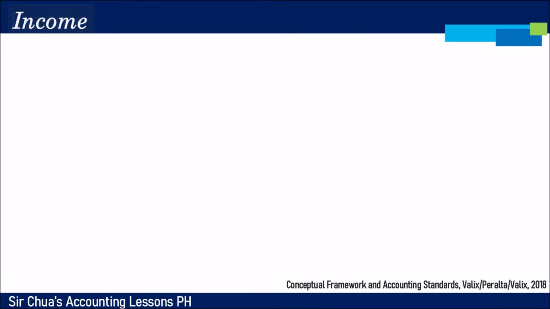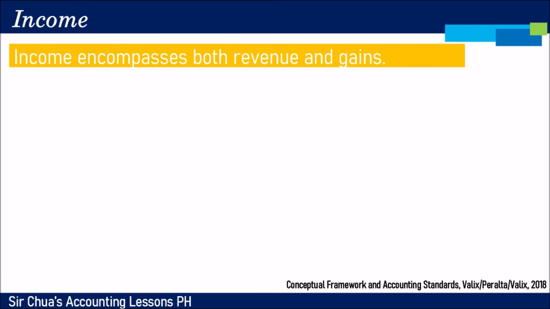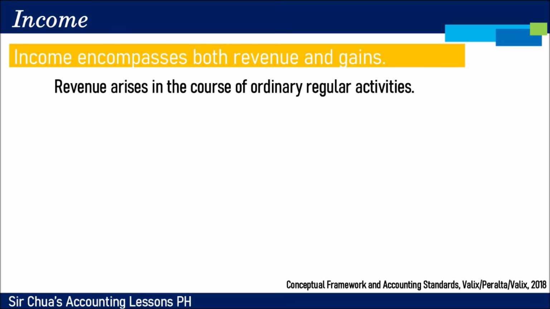Let's talk about income. Income encompasses both revenue and gains. Revenue arises in the course of ordinary, regular activities. If you are a barbershop, kumikita ka sa paggugupit. Ganun lang. If you are a travel and tourist agency, kumikita ka in providing travel and tourist services to your clients or to your customers.